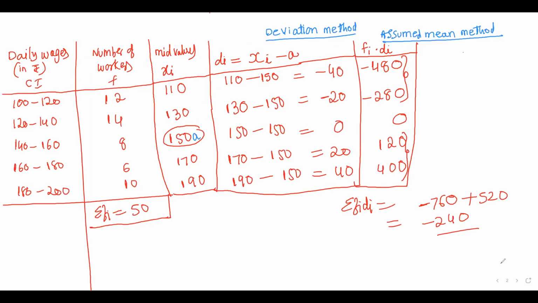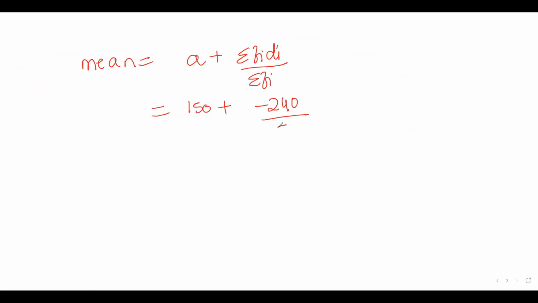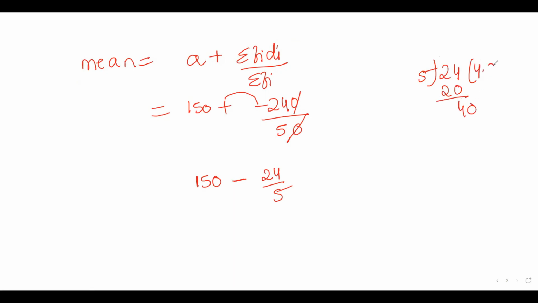Sigma fi is 50. 0 0 cancel. Multiply plus into minus, minus 24 by 5. Divide 24 and 5: 4.8. 5 4s are 20, 5 8s are 40.